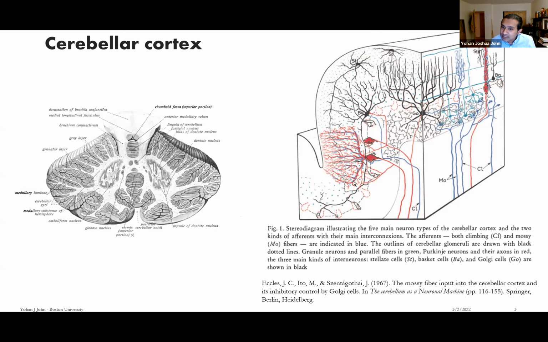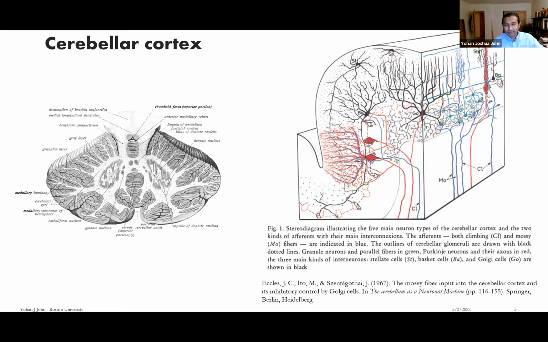So yeah, you'll see the famous groups of neurons, the flat Purkinje cells, which you've probably seen Ramon y Cajal drawings of. The granule cells are in green. Granule neurons, parallel fibers in green. Not exactly green, but anyway. We'll talk about this in a more schematic way. I remember the first time I heard about the Purkinje cells when I just joined grad school.